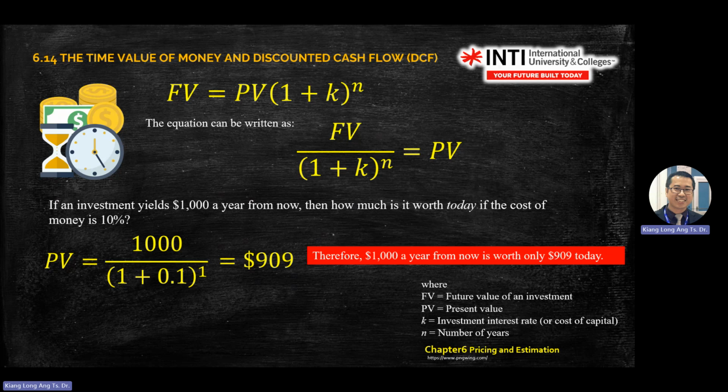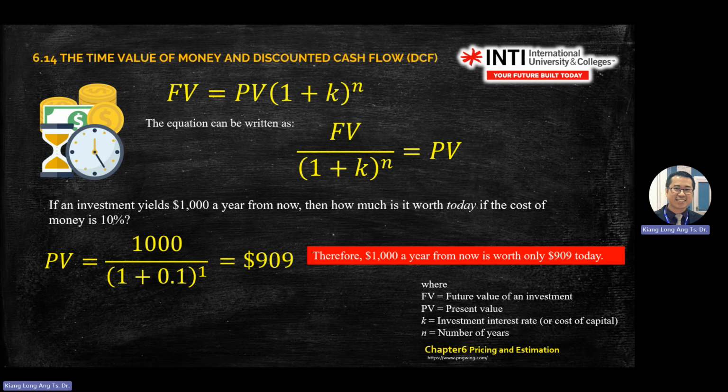So what can this number tell you? It tells you that if you invest more than 909 today, you are actually making losses. Understand? It's because the future value is 1,000.